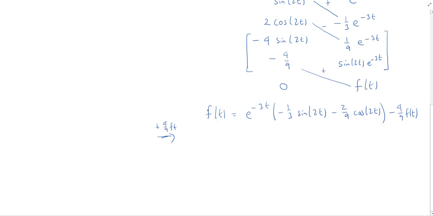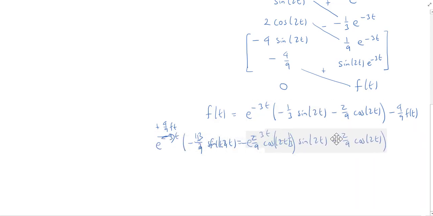When I do that, I'm going to get 13/9 f of t, and that's going to equal all of this stuff, which I'm going to copy and paste to save a little time. Then if I want f of t, I'll multiply by 9/13 on both sides.